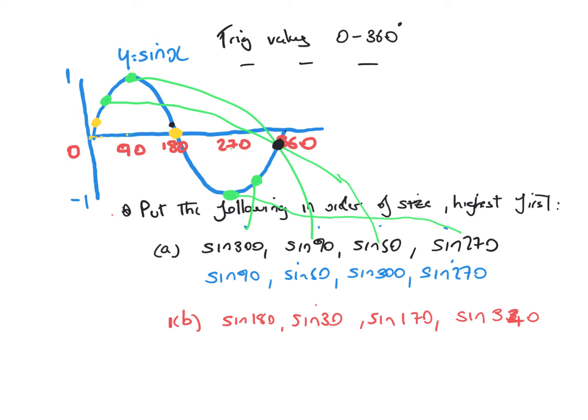Well, the highest one we can clearly see is this one. Okay, so I've got 4 dots. So the highest one up, as we can see, literally the furthest up the page, is that one. So that's sine 30.